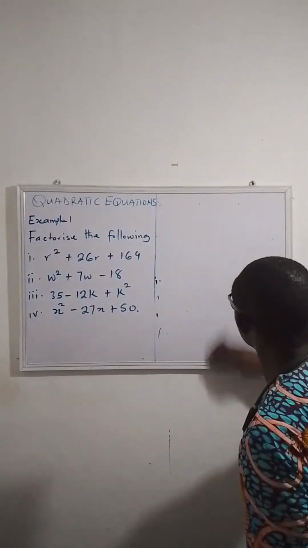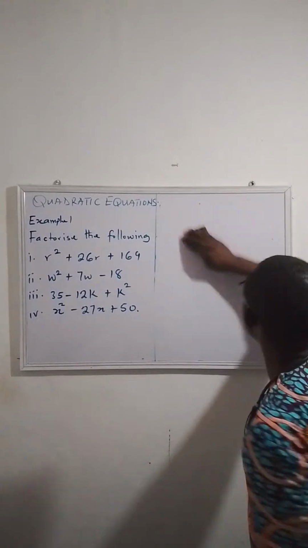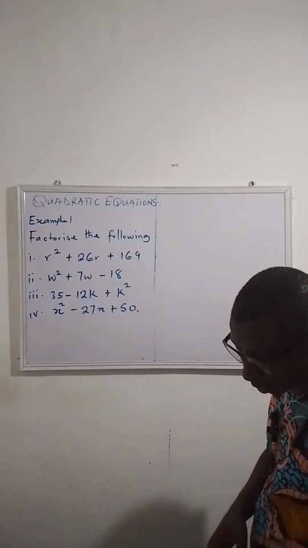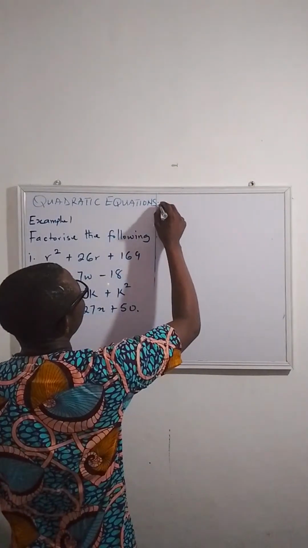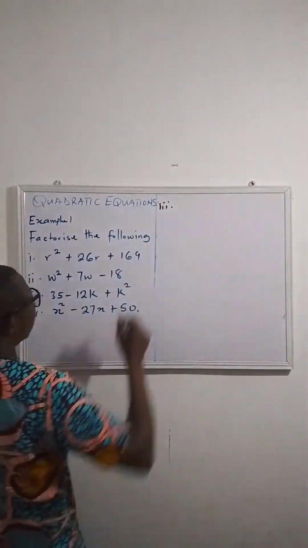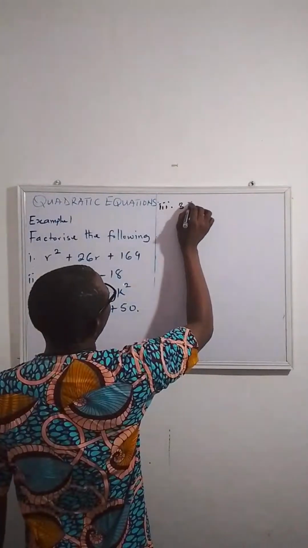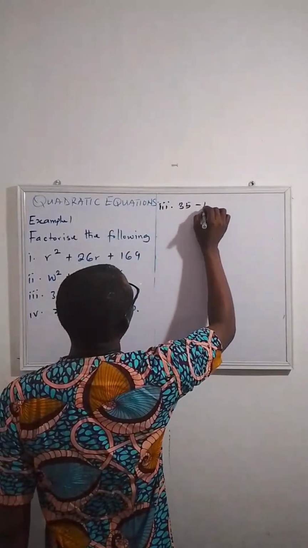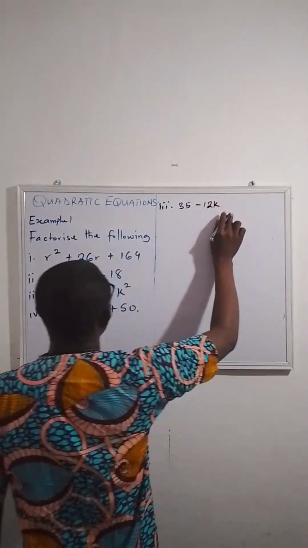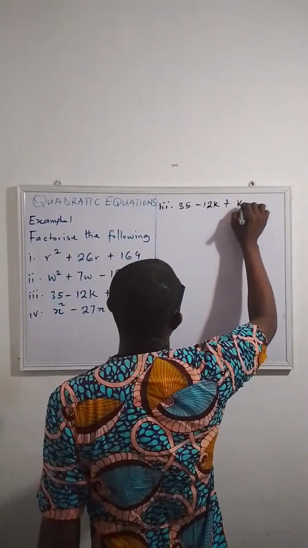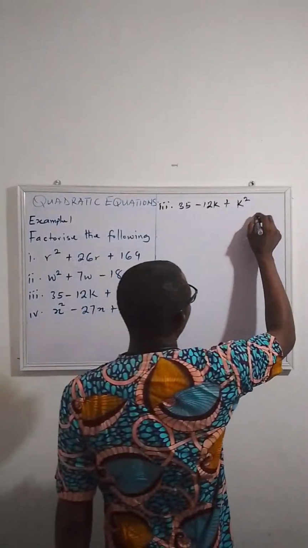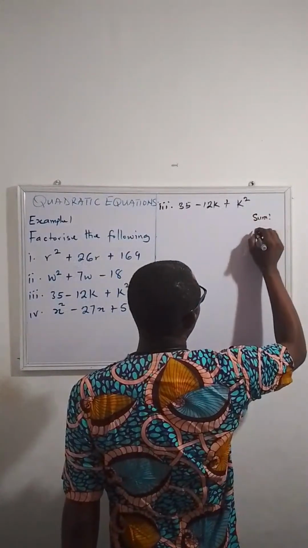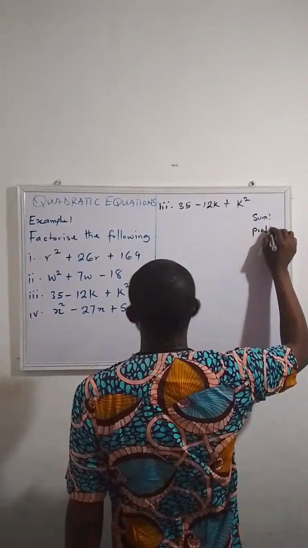Okay, the third one we have 35 minus 12k plus k squared. So we have to factorize this. You look for the sum and products.